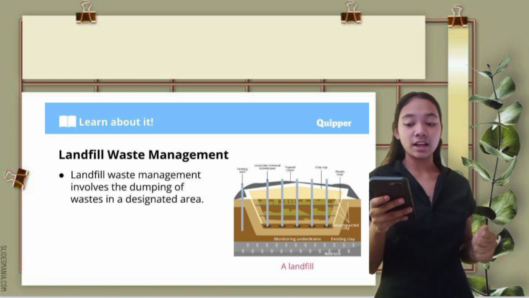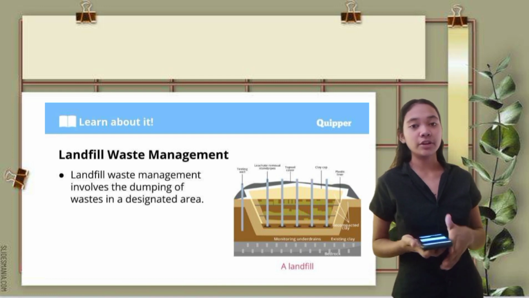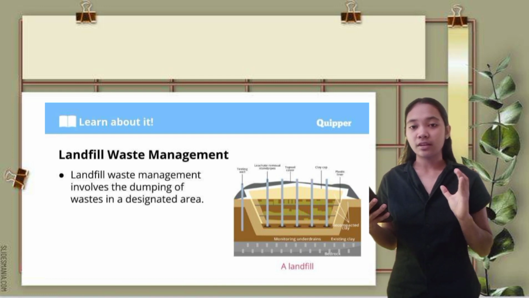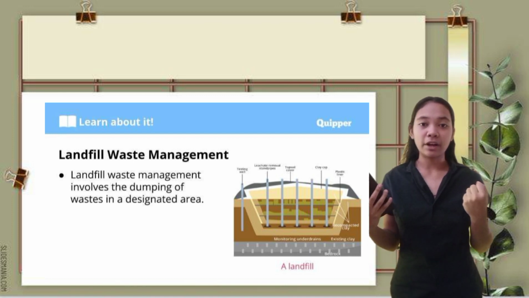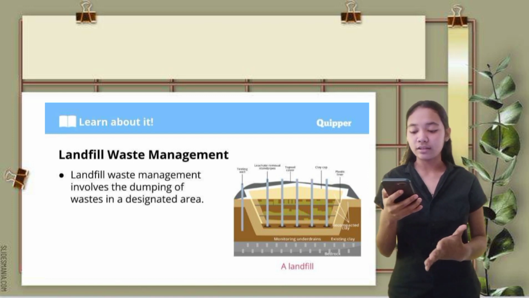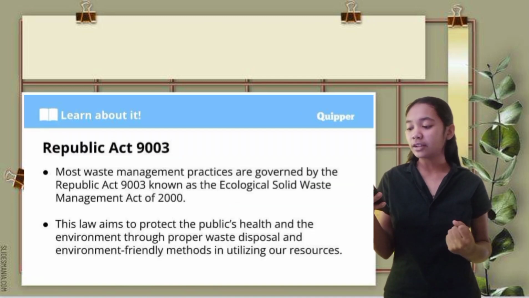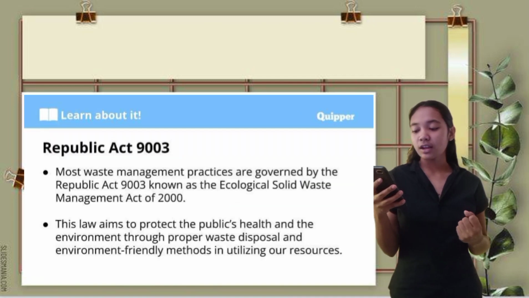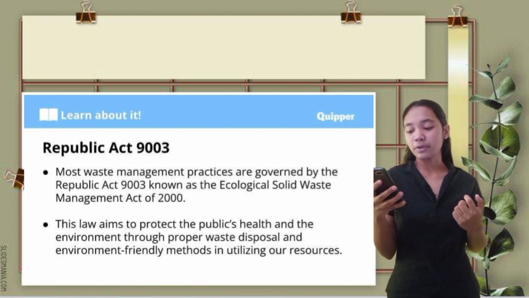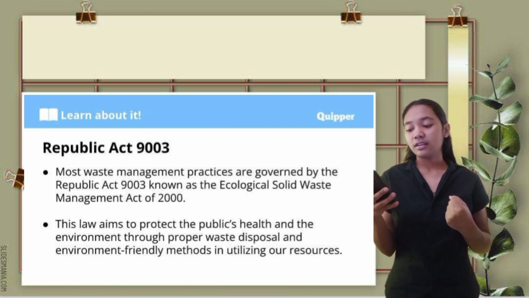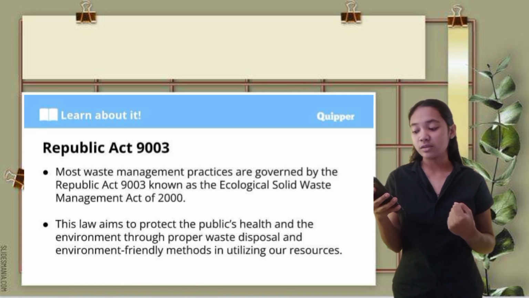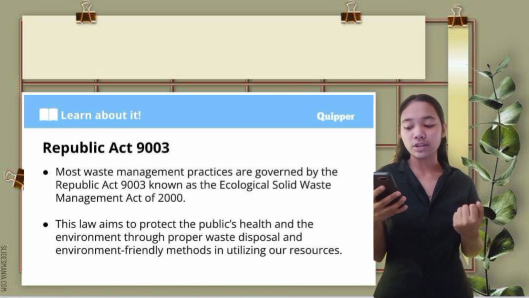Next, we have Republic Act 9003. Here in the Philippines, we have provided a law to protect our nature. Most waste management practices are governed by Republic Act 9003, known as the Ecological Solid Waste Management Act of 2000.